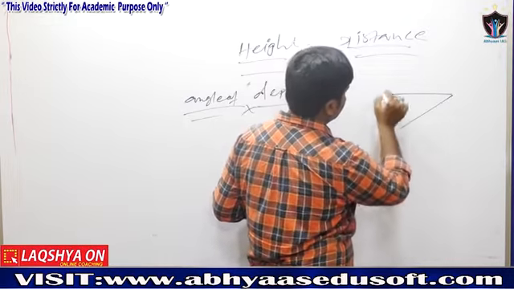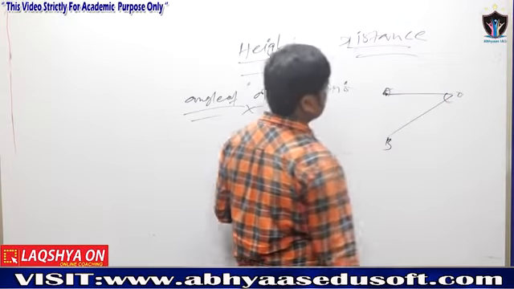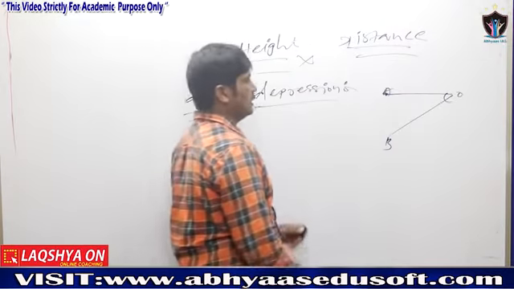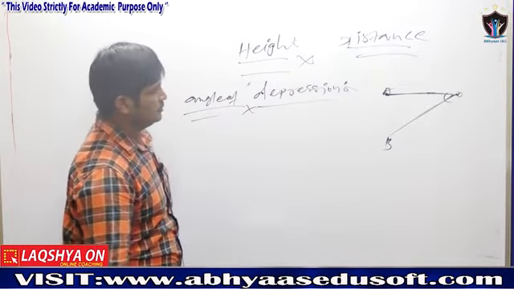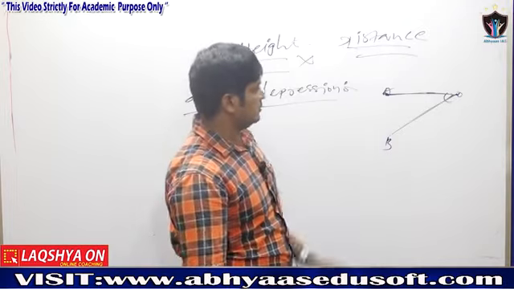So here, this is the angle of depression from the point O when he looks down at B from his eyes.